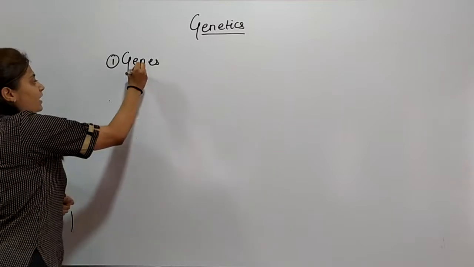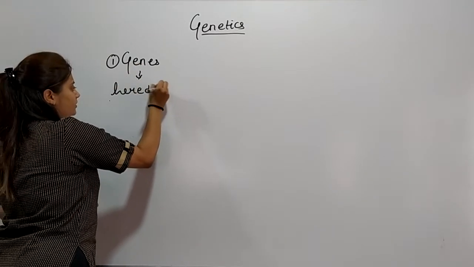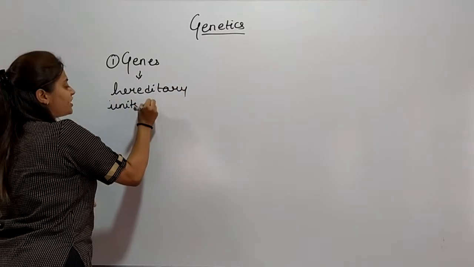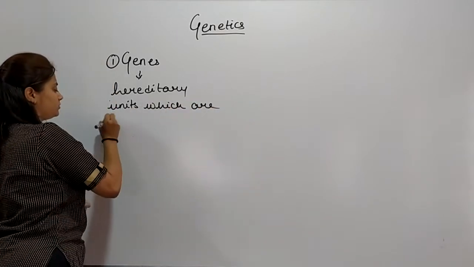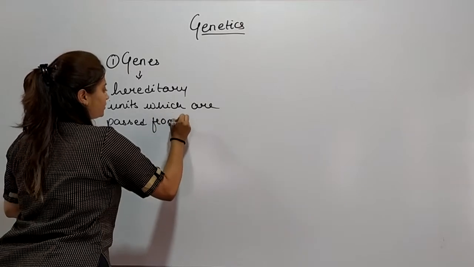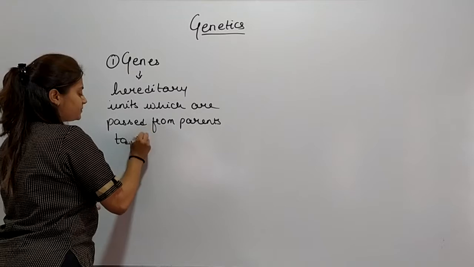So genes are basically the hereditary units which are passed on from parents to the offspring.